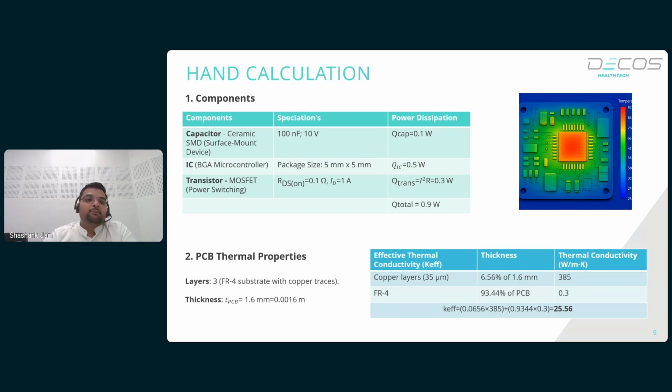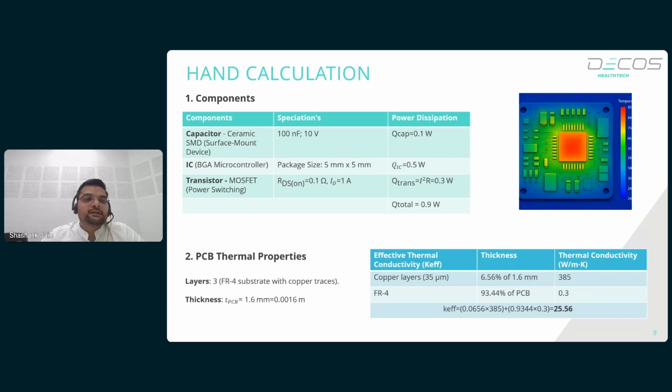So the table in the green corresponds to the components' specifications and the power dissipation values. The capacitor I'm considering is a ceramic SMD capacitor with 100 nanofarad as its capacitance and 10 volts as its voltage value. The power dissipation value is 0.1 watts, which is directly taken from the data sheet.